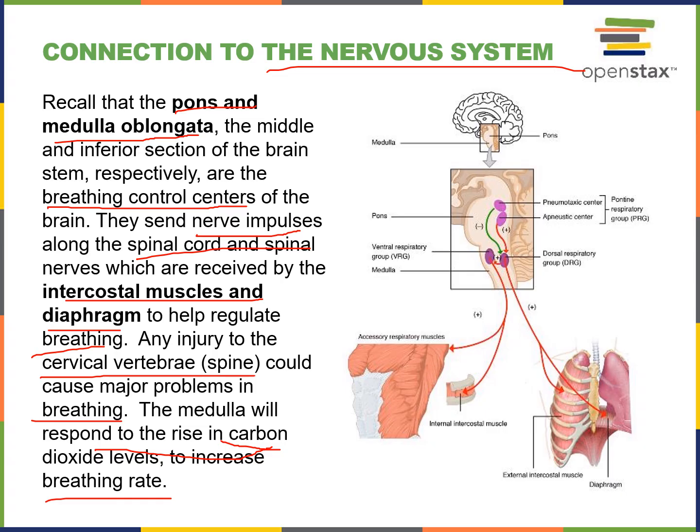So all of that information is eventually sent to and controlled by the pons and the medulla oblongata. They both have a role to play in helping to regulate breathing.